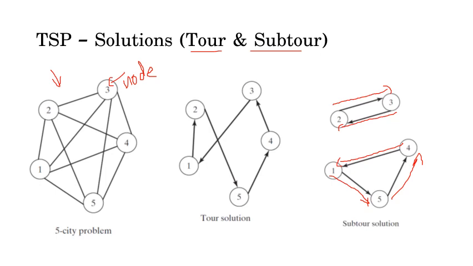So the tour is completed. So we are not looking for subtour solutions because this is not what we want. We are looking for tour solutions where the salesman covers all the cities in a tour in one shot. The cost involved in a subtour solution is obviously higher than the cost involved with a tour solution.